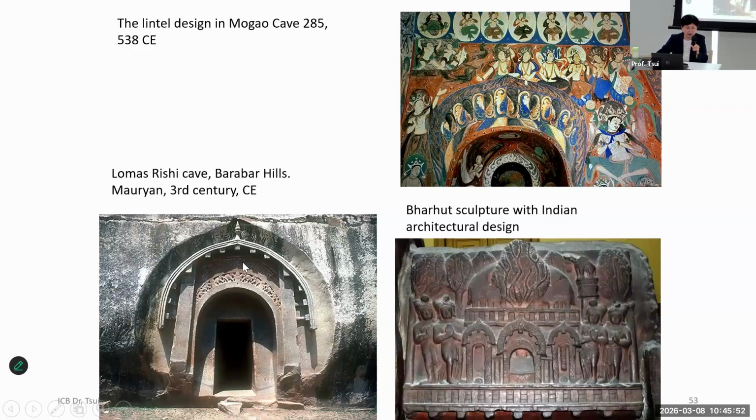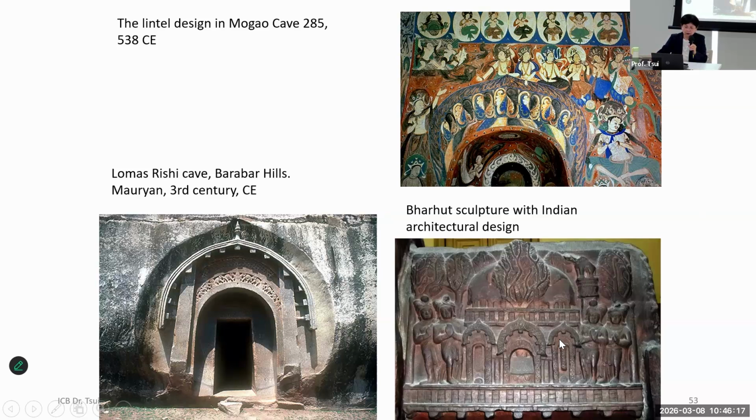Even in the very early Buddhist caves, such as Lomas Rishi, dated back to the 3rd century BCE, the lintel design could be seen, and it appears in the Western Wei in Dunhuang. So we can trace the Indian influence in Dunhuang.